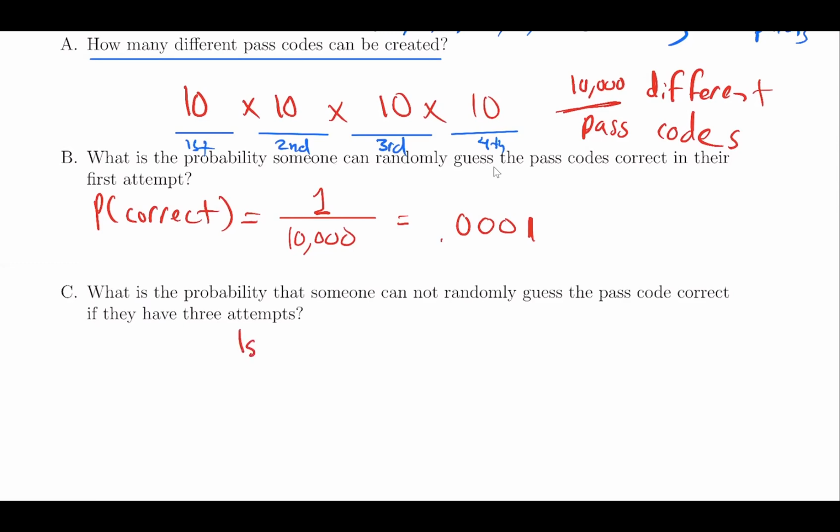So we have the first attempt, we have their second attempt, and then we have their third attempt. What's the probability that the first time they guess on their passcode, they actually get it incorrect?